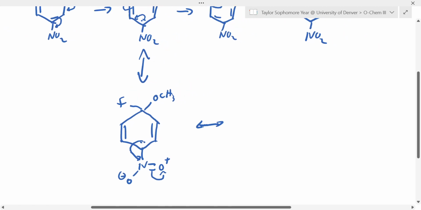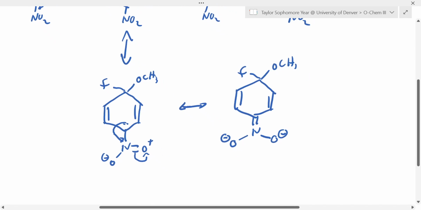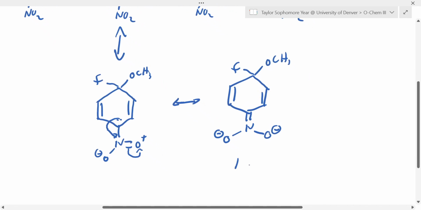From there, you can make another resonance structure, with nitrogen having a double bond and each oxygen being a minus single bond, while still having fluorine and OCH3 on this side. And this is called the Meisenheimer complex. I'm probably not saying that right.